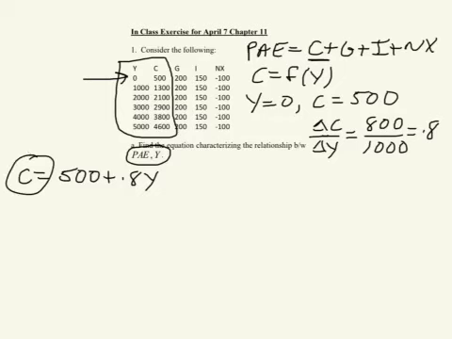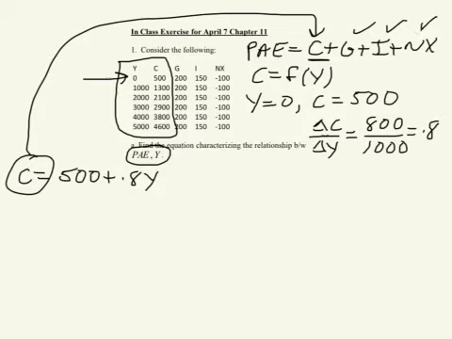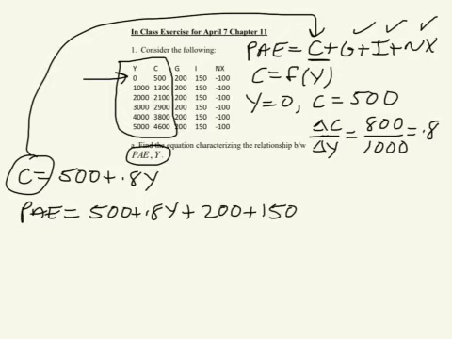So I'm going to take that consumption function, put it right in here, and then add the other components of spending, which are autonomous. So planned aggregate expenditures are equal to consumption, 500 plus 0.8y, plus government spending, which is 200, plus investment, which is 150, plus net exports, which are negative 100.